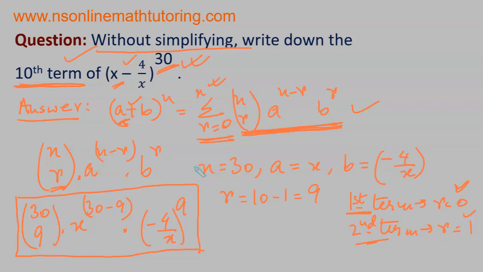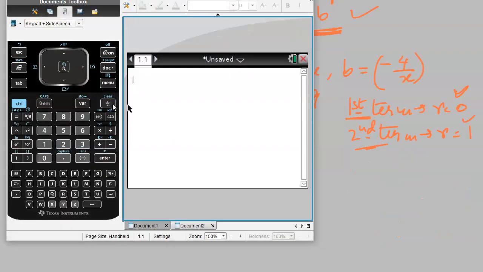But in case you are curious about knowing what will be the simplified form, let me show you. First of all, we will be getting the value of nCr.